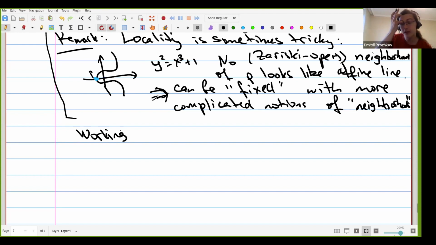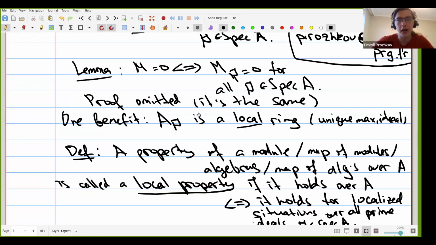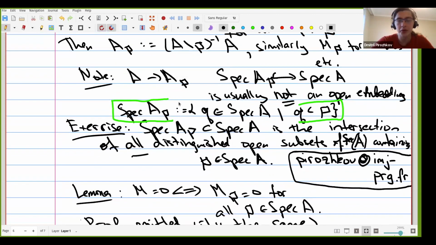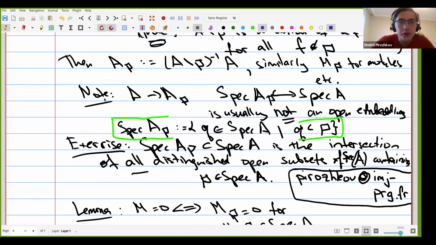this localization at the complement of the prime ideal. It wasn't really a neighborhood of the point, as I mentioned, because it's an intersection of all open subsets containing this point, and the intersection of infinitely many open subsets in a topological space is usually not open.